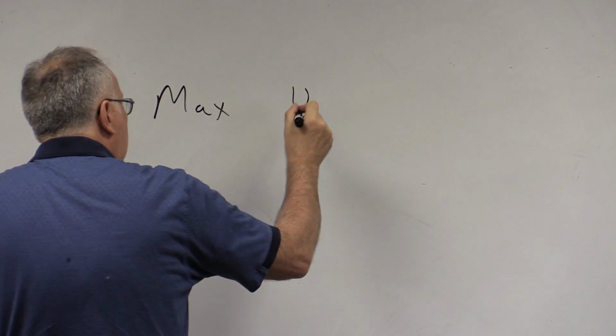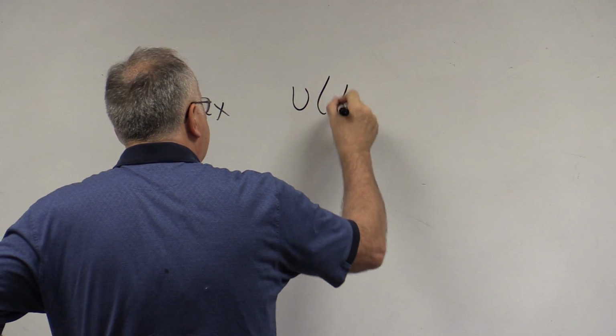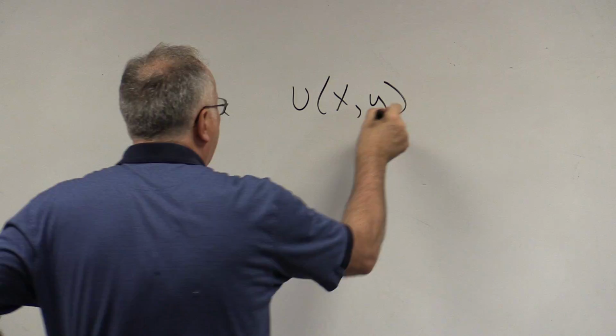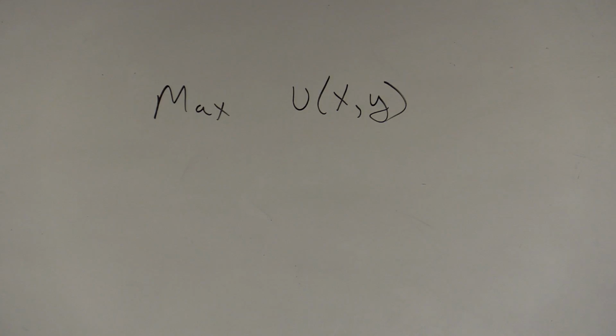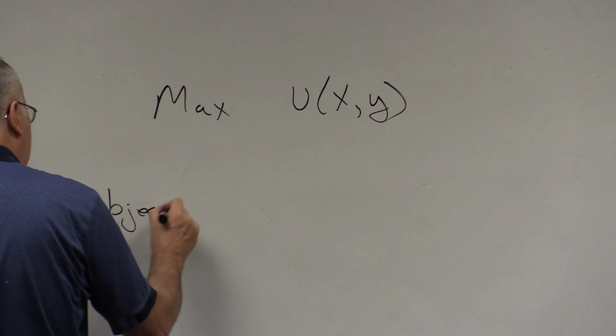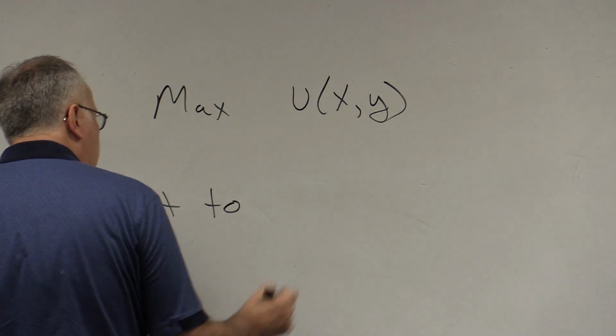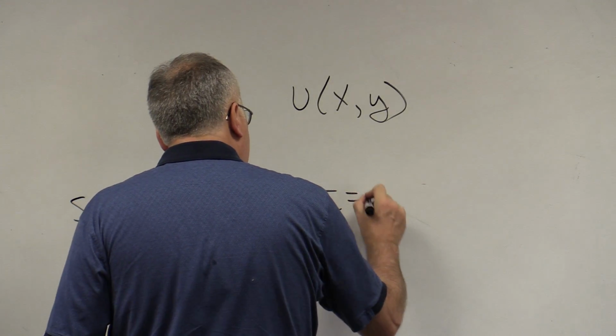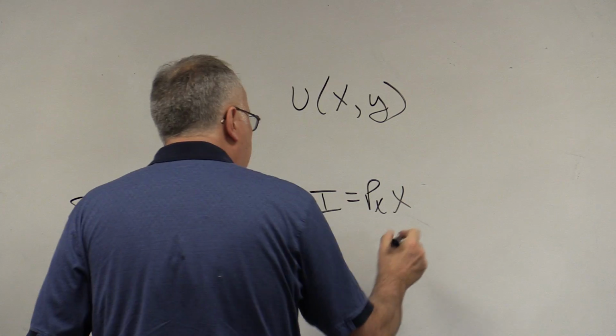U, which is a function of x and y. But we're not going to say what that function is. Subject to this: I equals pxx plus pyy.